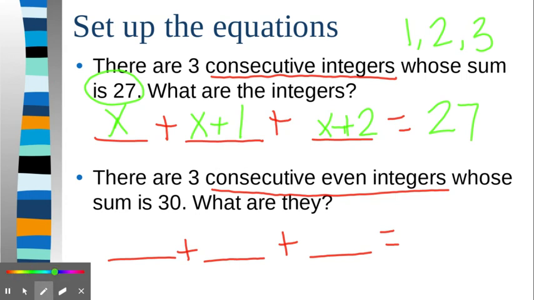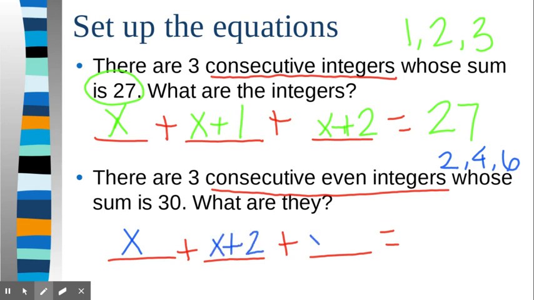For even integers, it's going to feel really similar to our odd integers. Even integers might be 2, 4, 6. They're still 2 apart. So we're going to start with our x. And then this is still going to be x plus 2 and x plus 4. The difference will come in what they're set equal to.